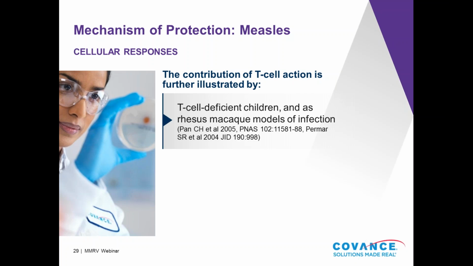If infection does take place, T cells of both arms must be functional to close off replication, which is why T cell deficient children may suffer from complications following vaccination.